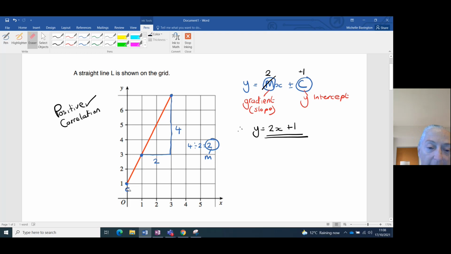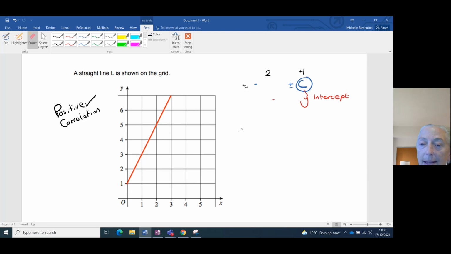Now, I'd just like to get rid of that and show you it doesn't matter where you do your triangle as long as it's in the corners. So I could go here and just here. Join them up. 2 up, 1 across, 2 divided by 1 equals 2.